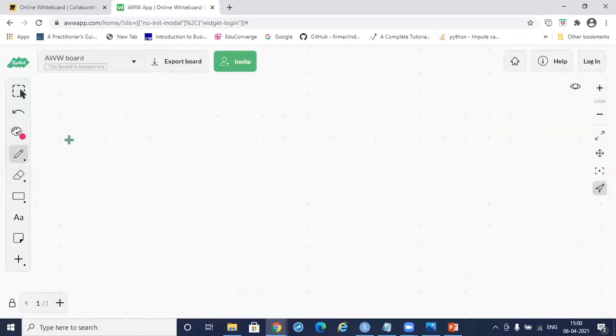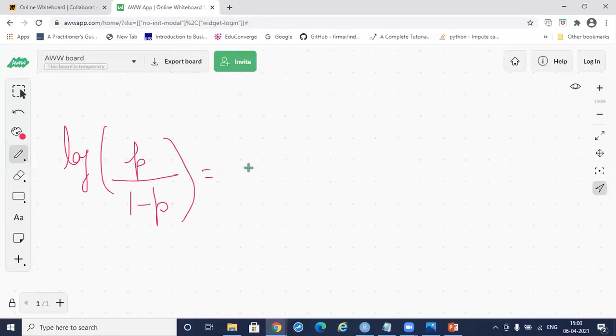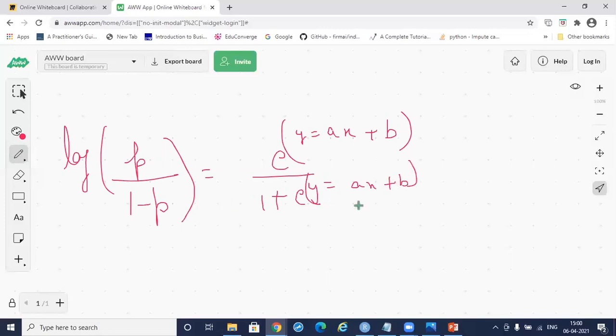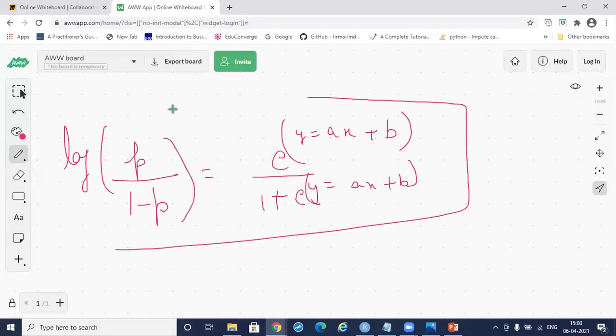The probability of predicting yes divided by the probability of predicting no is also represented by e to the y over 1 plus e to the y, and this y is basically the linear regression. So this is equivalent to the linear regression, and this is the logistic regression equation.